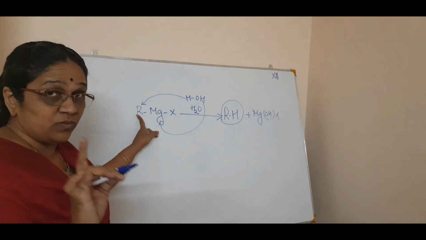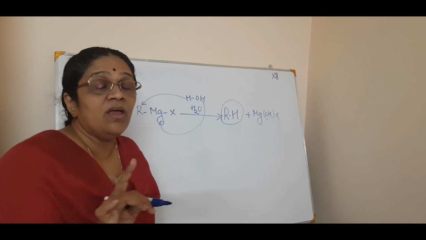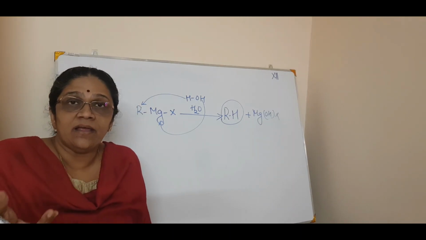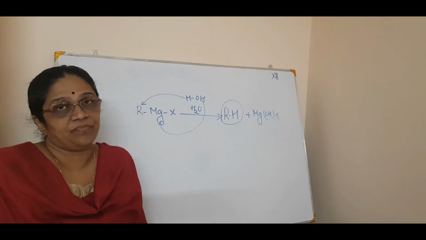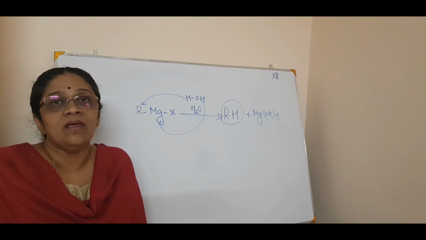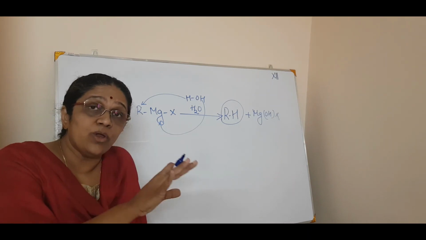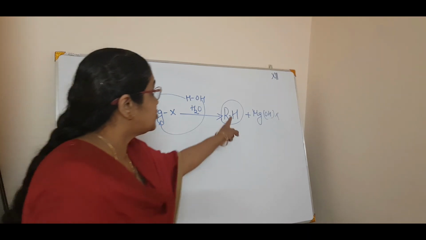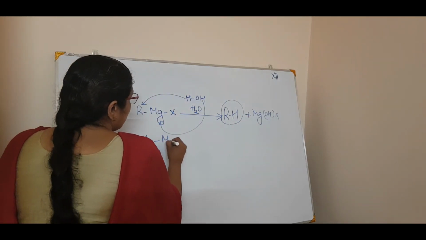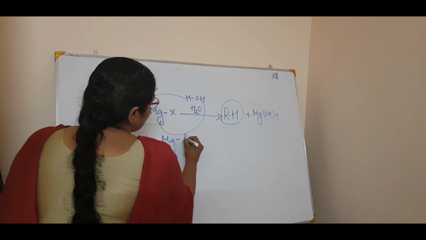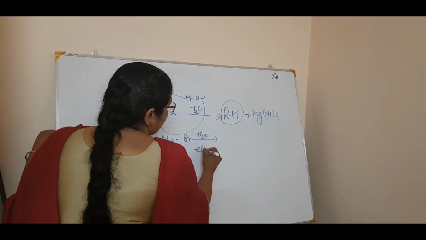So the point is, when Grignard's reagent is prepared, if accidentally moisture is there, what will happen? The Grignard's reagent will go into another product which is called a hydrocarbon. For example, when I give an example, it is more clear. CH3MgBr, if moisture is there, that is, ether is not there.